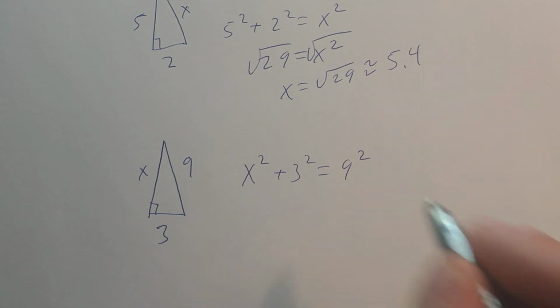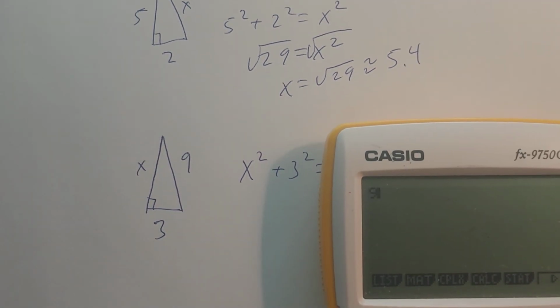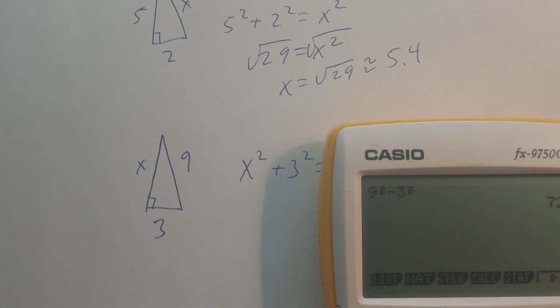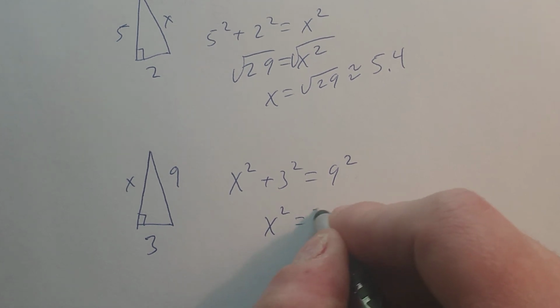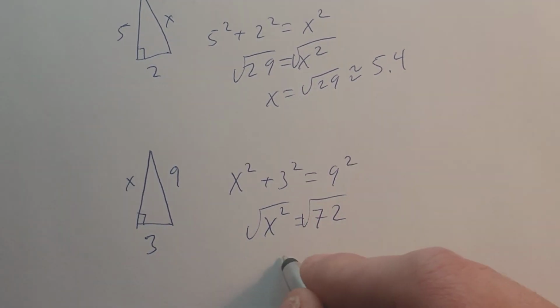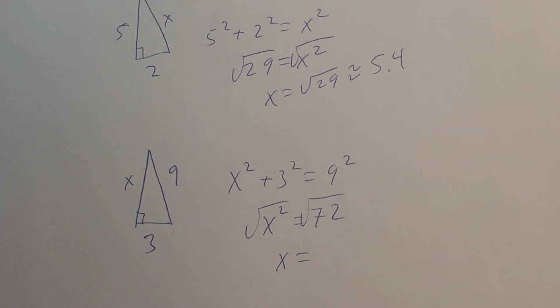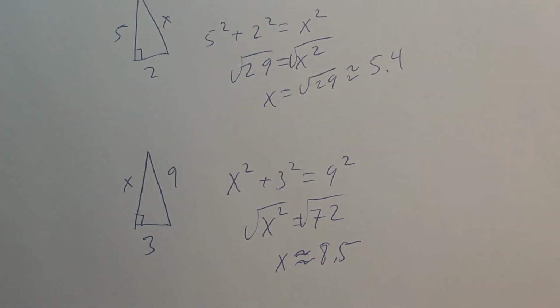And I would have to subtract that 3 squared from both sides. So 9 squared minus 3 squared, I get 72. So I know x squared equals 72, square root both sides, x equals the square root of 72, which is approximately 8.5. So that's how you'd figure out one of the legs, okay?